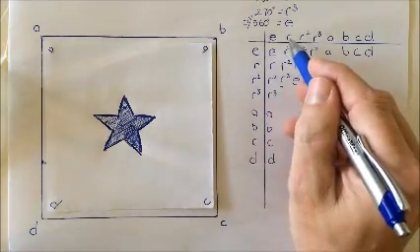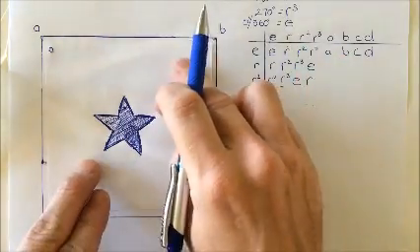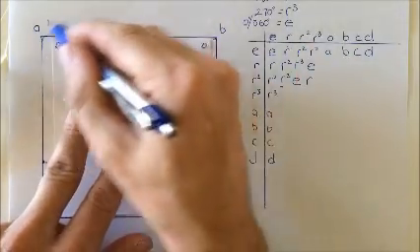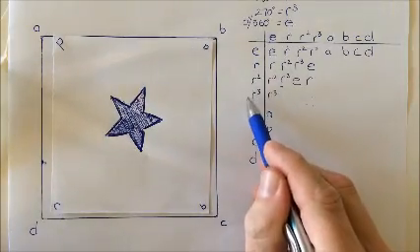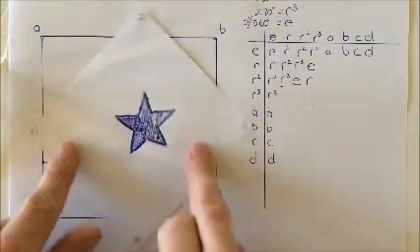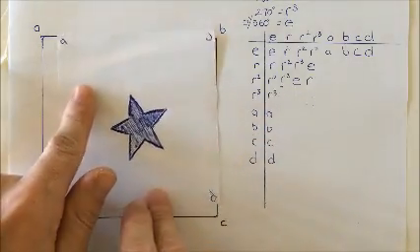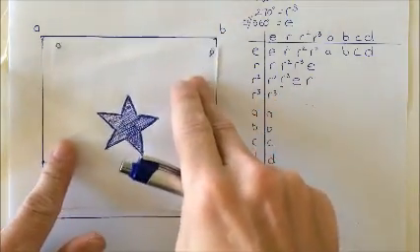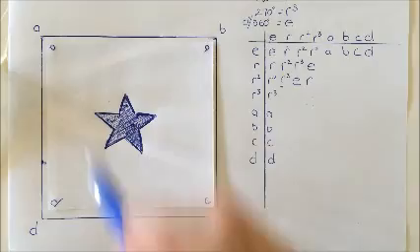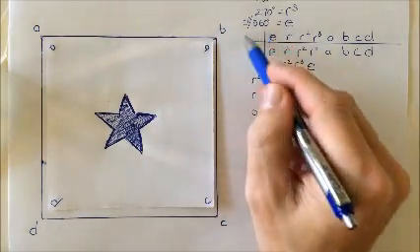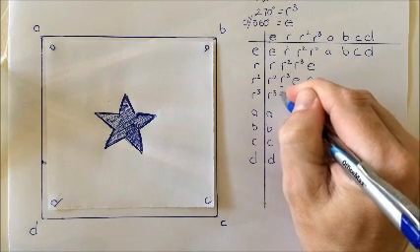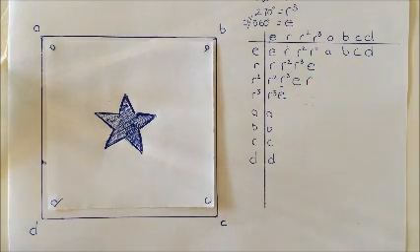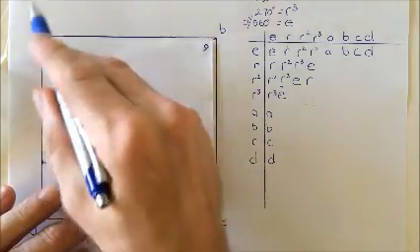We move R rotations, so our shape has moved, A is now over here, and we perform a further 3 rotations, 1, 2, 3. A is back to where it started, so it's gone a full 360 degrees, or it's like it never moved at all. We're back at our identity. Well, this is an easy starting point.